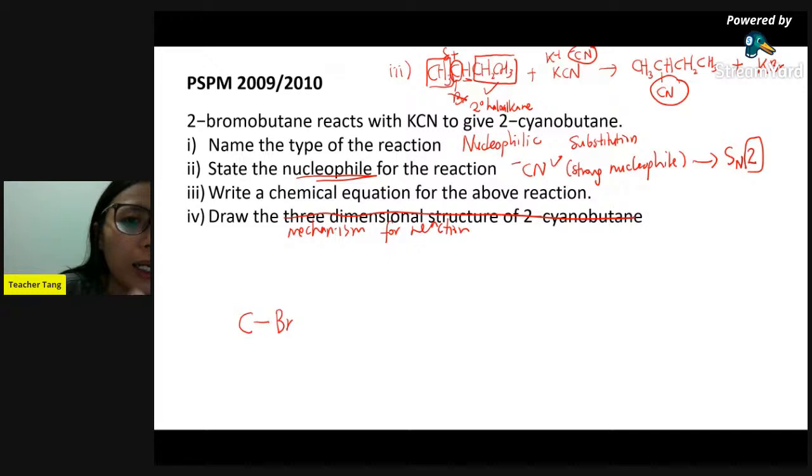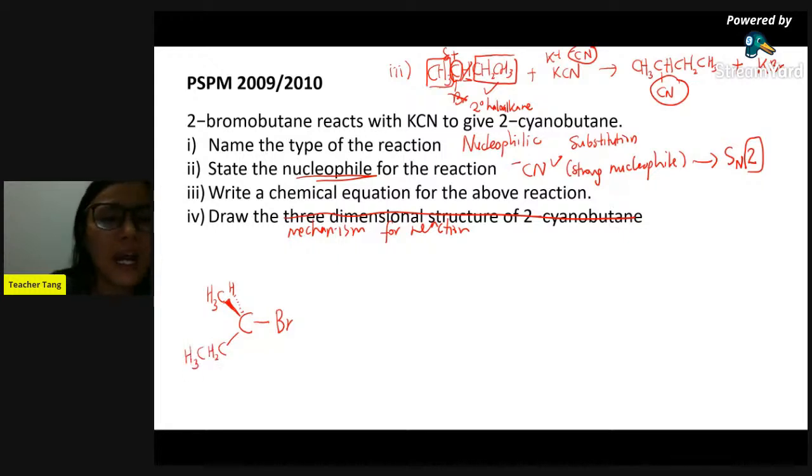And then in 3D, draw the bond first. Okay, so attached to hydrogen, attached to the methyl group CH3, and another one is CH2CH3. So this is your haloalkane.